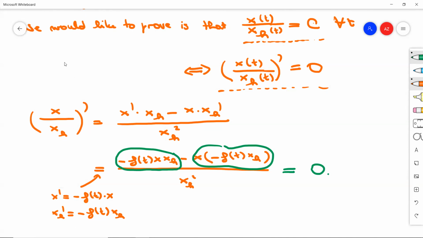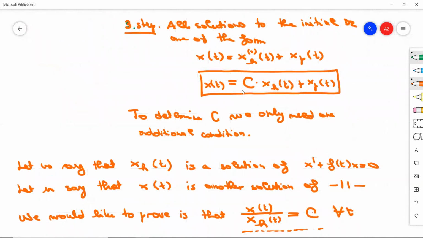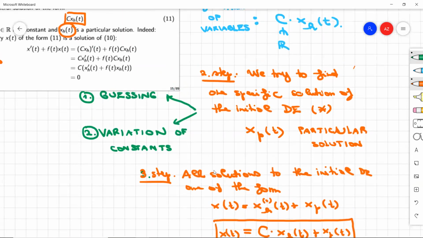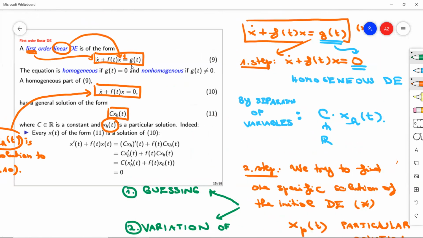And by the same method, we can show that all the solutions of our initial equation are of this form. So you can try this by the same method. We did prove that all the solutions of the homogeneous part are of this form. And by the same method, we can prove also that all the solutions of this initial differential equation are of the form C x_h plus a particular solution.